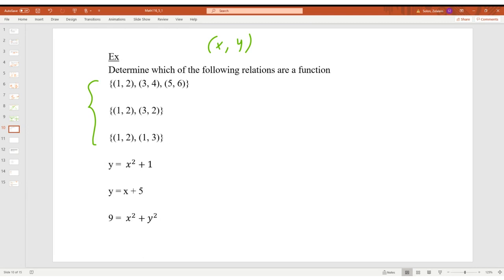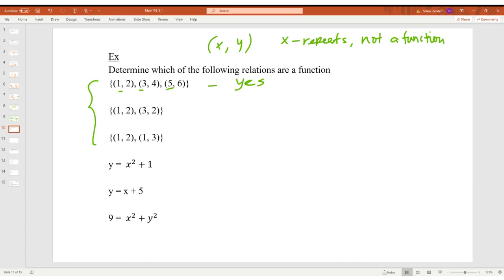If x does not repeat, that is a function. So all you have to do is look at the x values. Here we have 1, 3, 5. X does not repeat. That means this is a function.